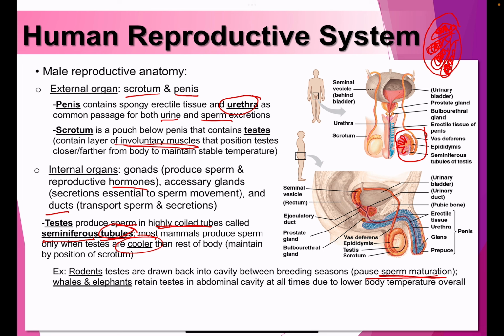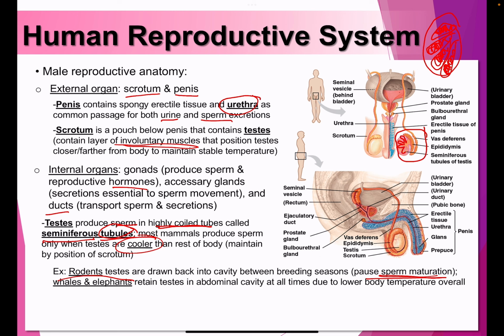If they're not in the breeding season, they don't waste energy producing all this sperm that is just going to waste. So in terms of natural selection and adaptation, they have acquired this feature to save energy and pause sperm maturation until it's time for breeding season again.